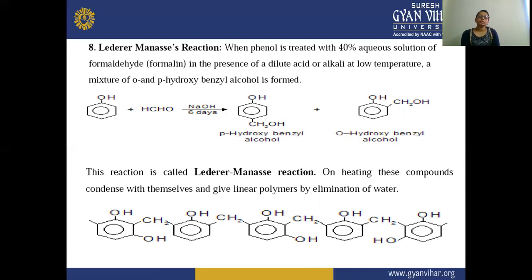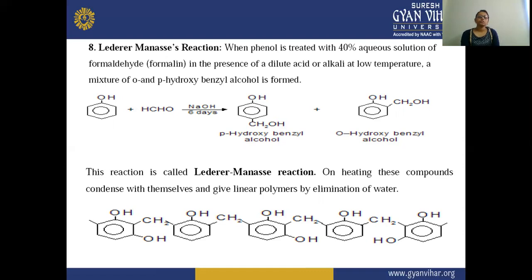So if we are heating these molecules, then there is a formation of a linear polymer, which is a chain. Here a chain of these molecules, the water is evolved out from here, and there is a formation of this chain, which is a linear polymer.